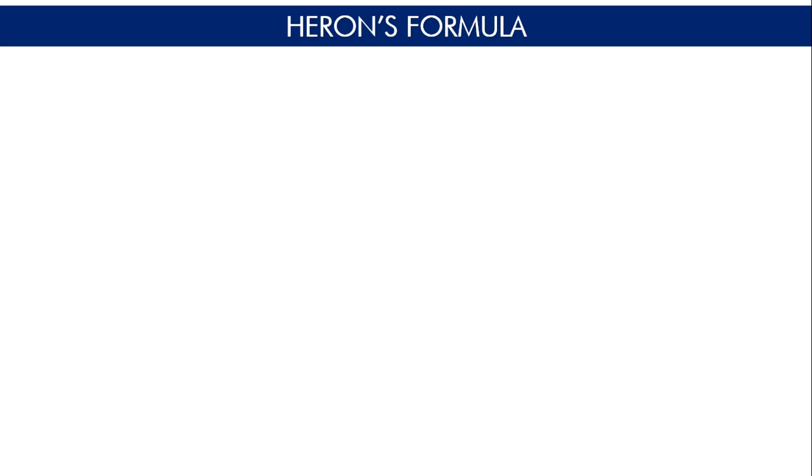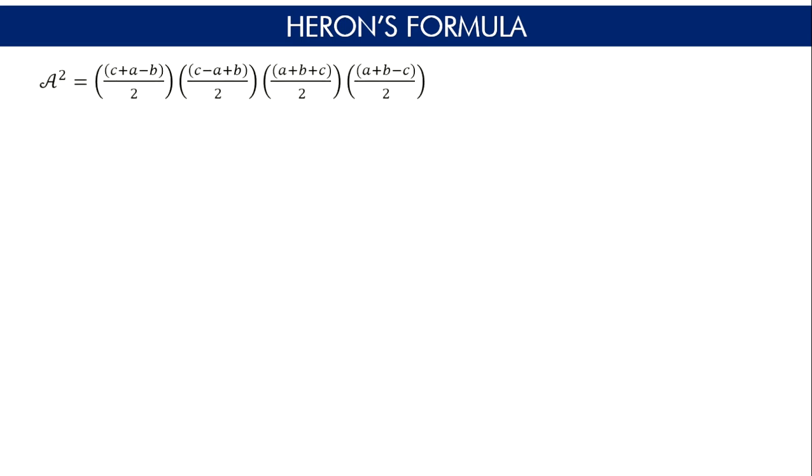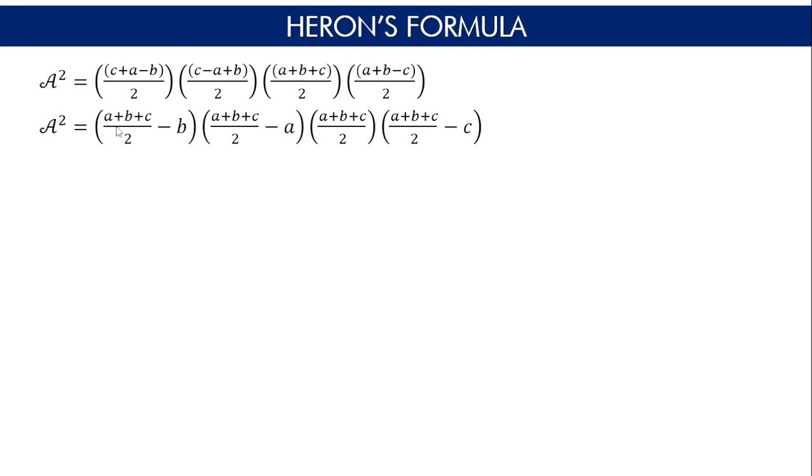Now, from this, let's try to have this expression. Same with the other factors. Okay, so in order to do that, let's express this as a plus b plus c all over 2 minus b.